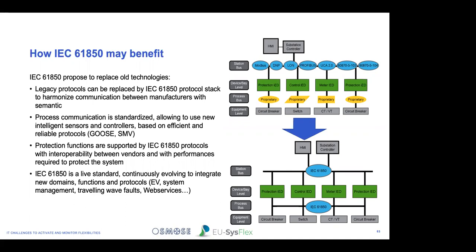For example, we are working to integrate electrical vehicles, system management functions, traveling wave fault, and as a new protocol, we have implemented recently web services. So for HMI, it could be easier to connect to IEDs, for example. Next slide, please.